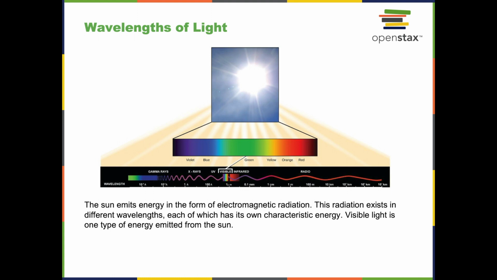Okay, so as I mentioned, light is a form of electromagnetic radiation, and the white light that you see emanating from the sun is a form of electromagnetic radiation. If you put the light from the sun through a prism, it separates into a rainbow.